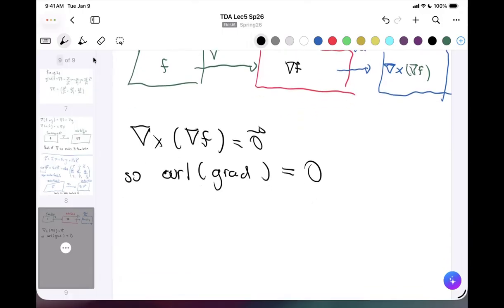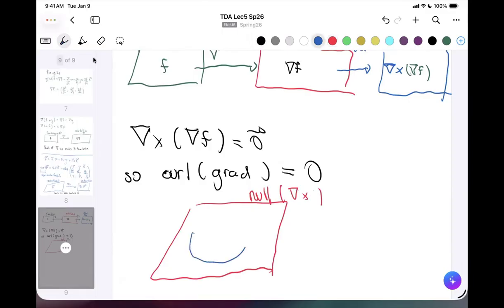What that tells you is that if you have the null space of the curl, then the column space of the gradient lives inside of it, or the image of the gradient. Again, that's kind of like the column space of the gradient. Okay.